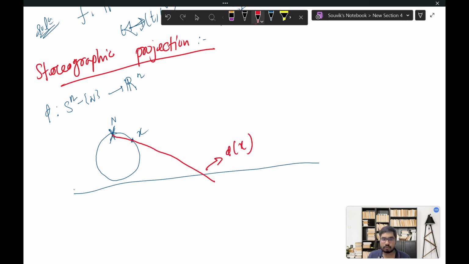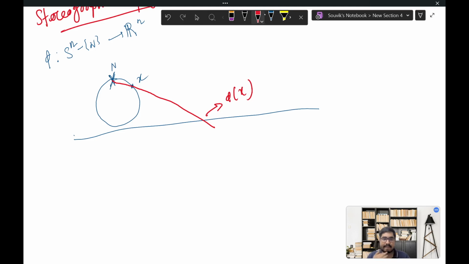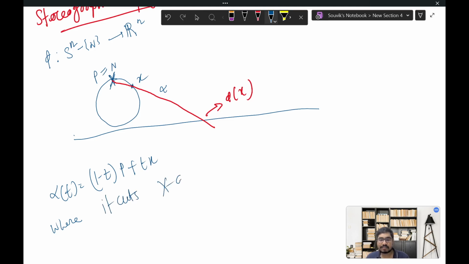So how do we determine phi of x? Follow this path alpha, which goes from the North Pole P to x, and check where it meets the x axis.